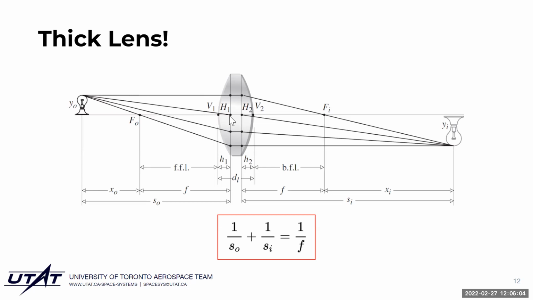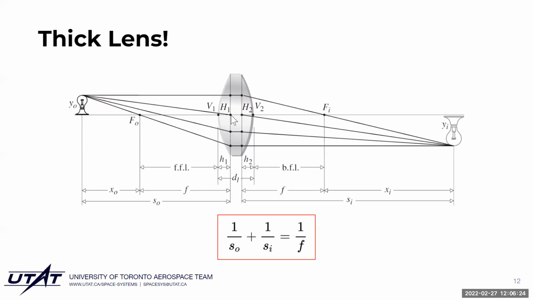You can see how it enters here, but then it just kind of jumps over here and then continues on its merry way. That's very nice, because once we know where these planes are, we can just ignore the thickness of the lens, really.